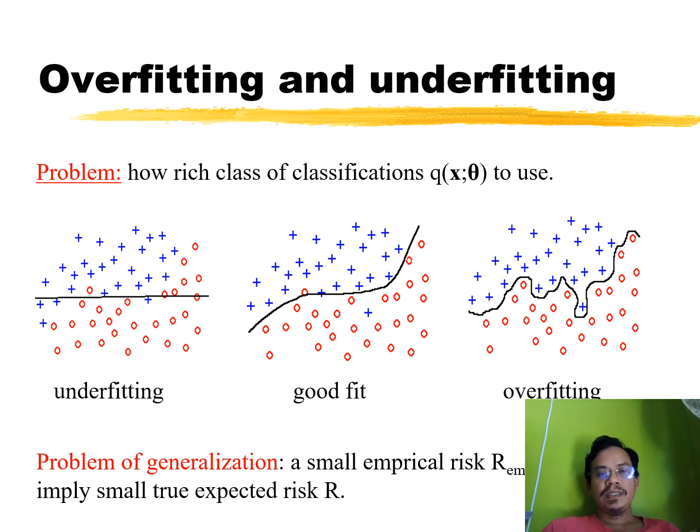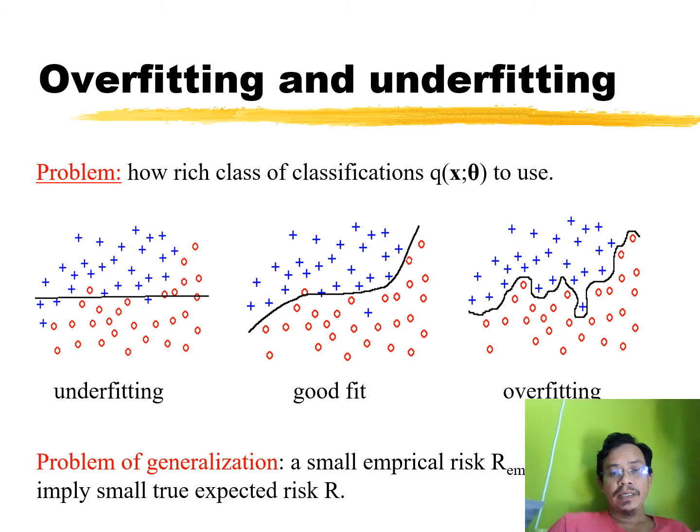If we get this kind of classifier, we call it a good fit. But if we have this type of classifier, a straight line here, this is underfitting because some of the features do not fall into the correct categories.